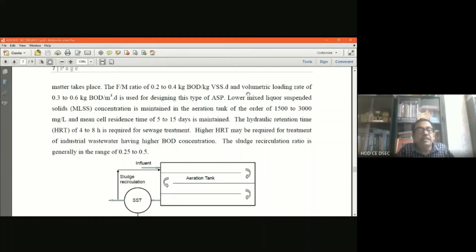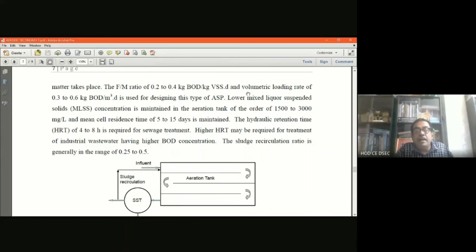Now, a lower mixed liquor suspended solids concentration is maintained in the aeration tank, in the range of 1500 to 3000 milligram per liter. Mean cell residence time, vis-a-vis the solids retention time SRT, is considered 5 to 15 days. The hydraulic detention time of 4 to 8 hours is maintained in sewage treatment.